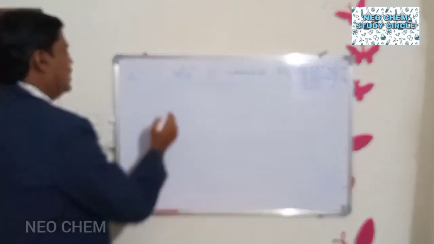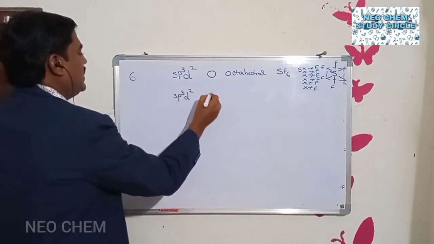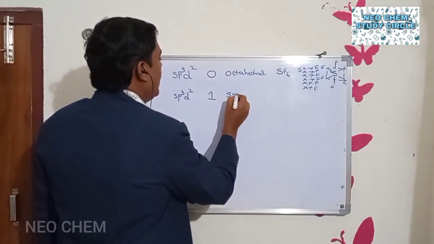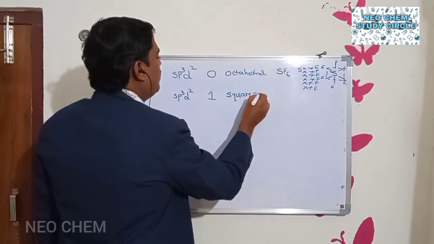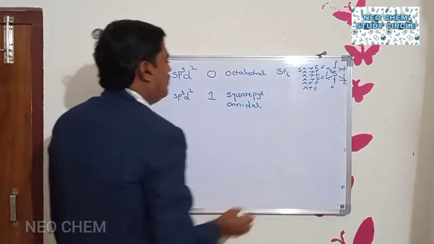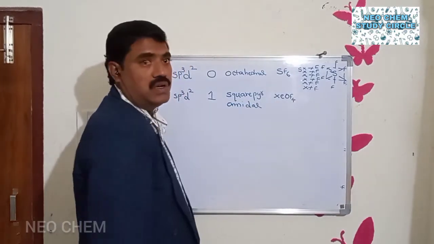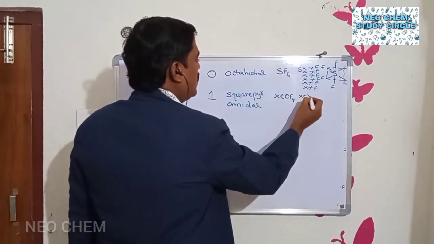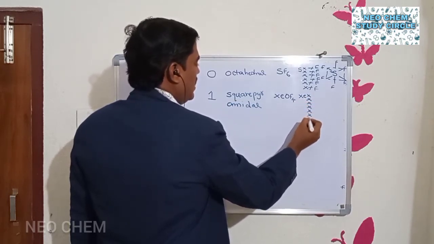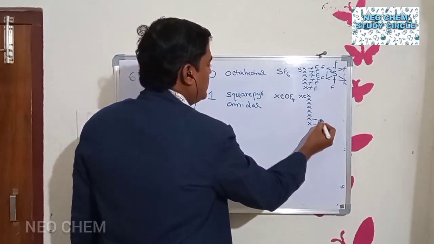Next, after sp3d2 hybridization, if 1 lone pair of electrons is present over the central atom, then the geometry is square pyramidal. For example, xenon oxytetrafluoride. Here the central atom is xenon. As it belongs to the 8th A group, we should write 8 electrons. 1 oxygen is there, so 2 electrons together for 1 oxygen.